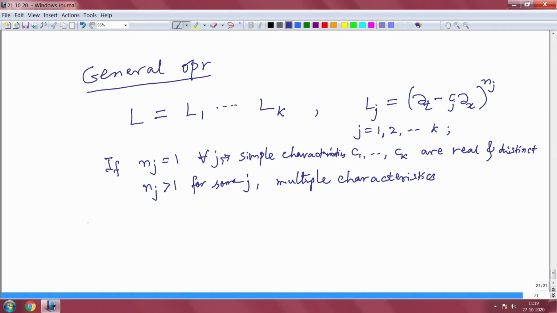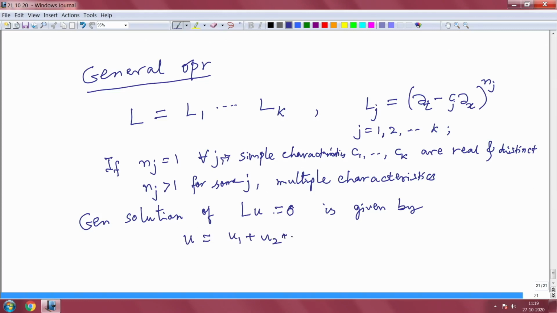Okay. So, the general solution of Lu equal to 0 is given by u is equal to u1 plus u2 plus uk, where Lj uj is 0.